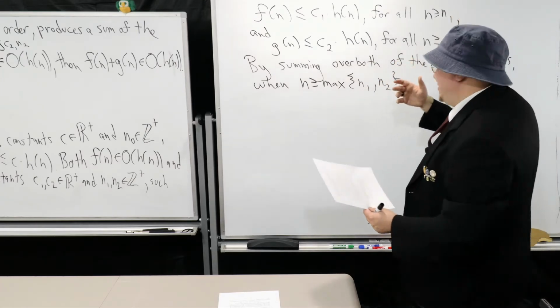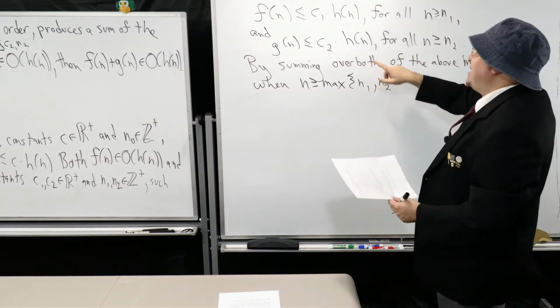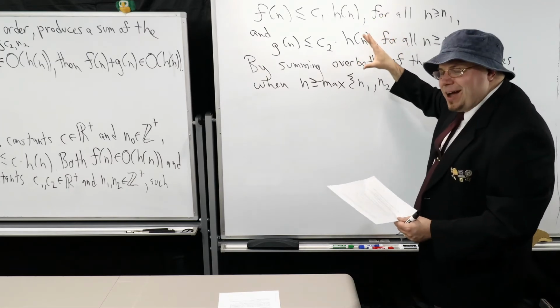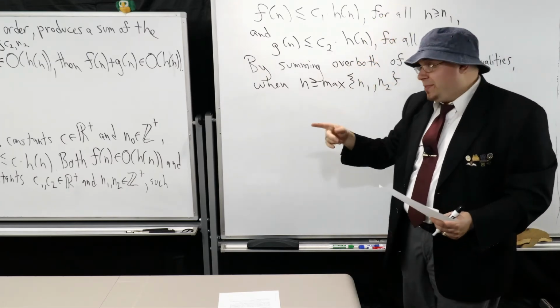So we have to be very careful here. I'm making sure these inequalities both hold at the same time, as long as I make sure that n is large enough. That's why I'm doing this.